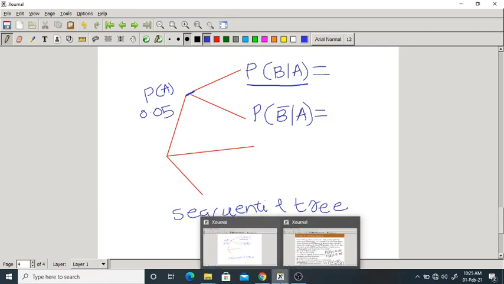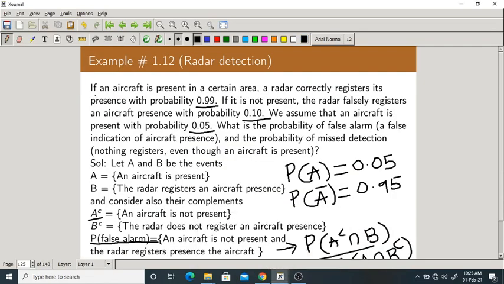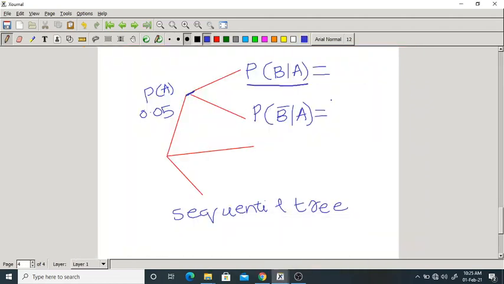Let us go to the problem one more time. If an aircraft is present in a certain area, the radar correctly registers its presence with a probability of 0.99. So P of B given A is 0.99. The complement of this is 1 minus 0.99, that is 0.01.